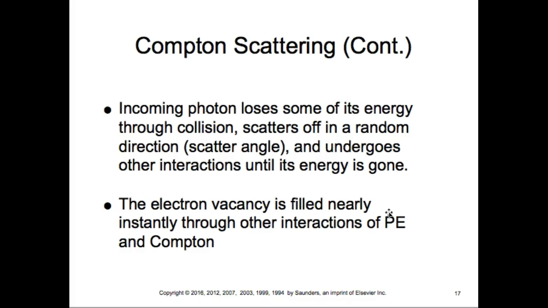It's going to keep interacting until it is absorbed by photoelectric, or keeps having Compton until it leaves the body, whether it hits the occupational worker or the image receptor. So it can make it out of the body or the matter depending on the energy level.